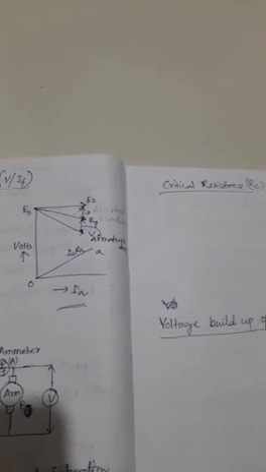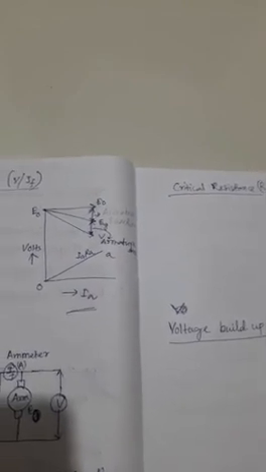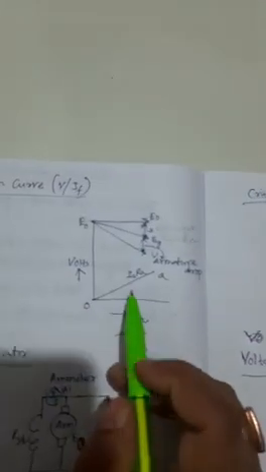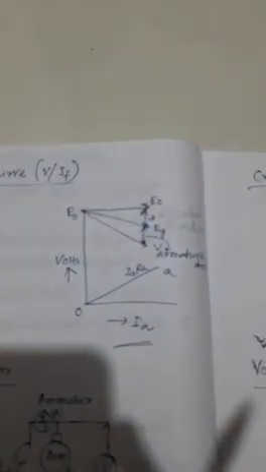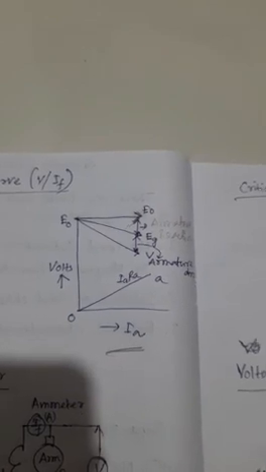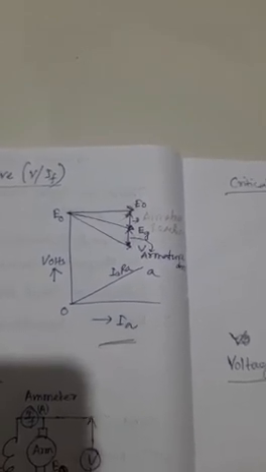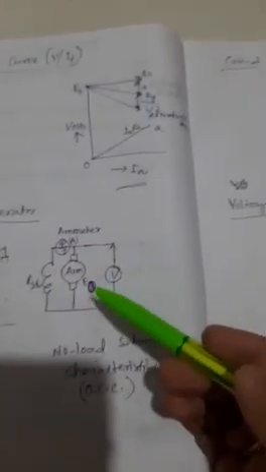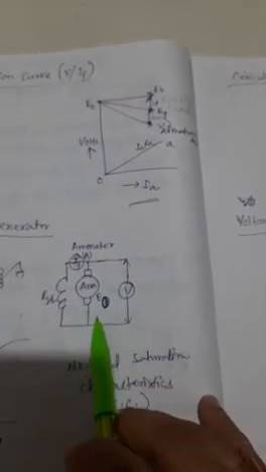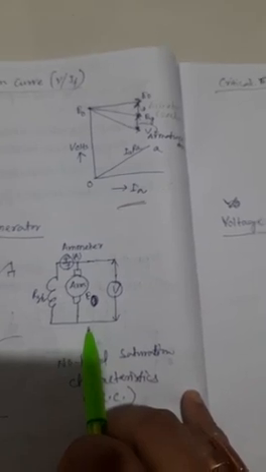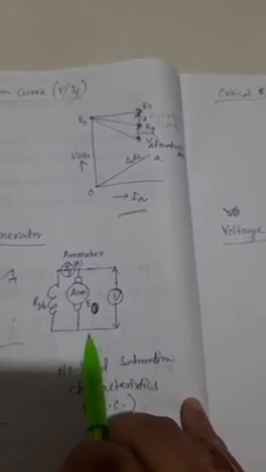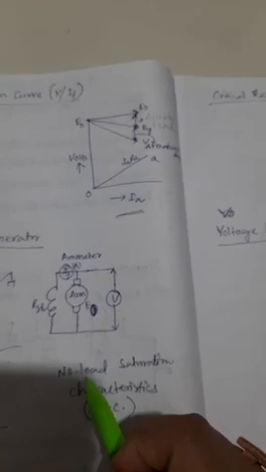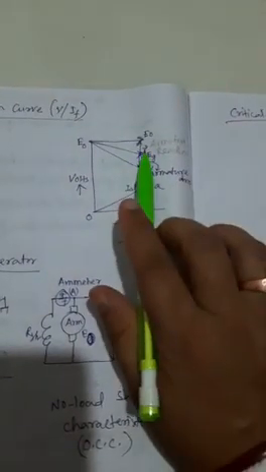If there were no armature reaction and no armature voltage drop, this voltage would have remained constant, as shown in the figure. But when the generator is in loaded condition, there is a voltage drop due to these two causes, thereby giving slightly dropping characteristics.